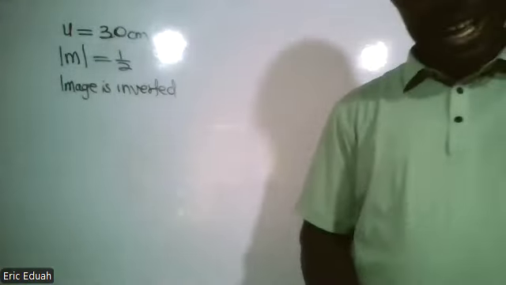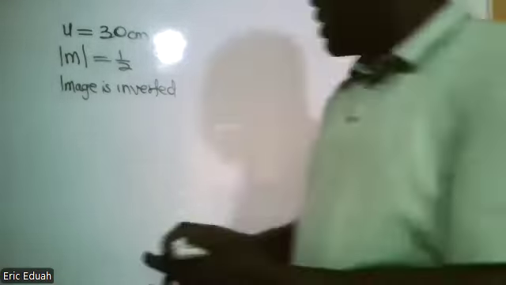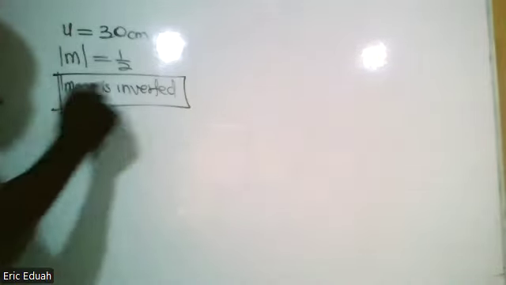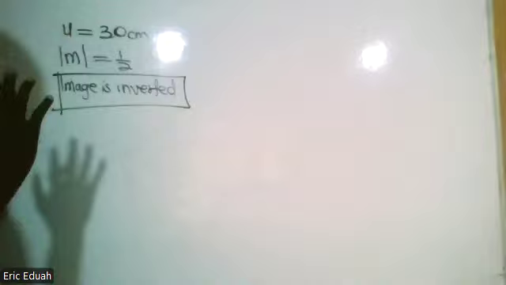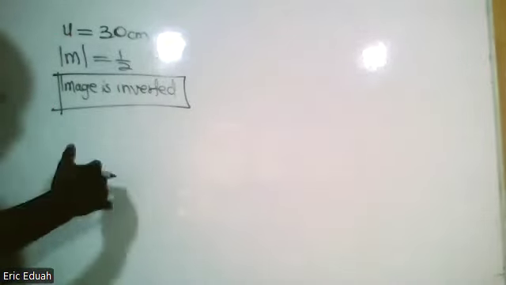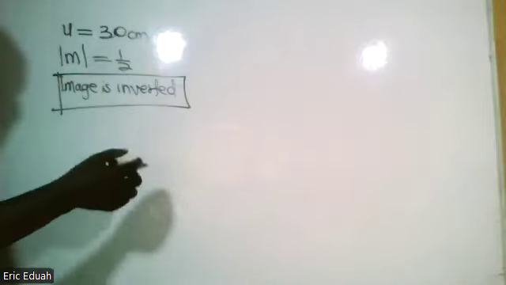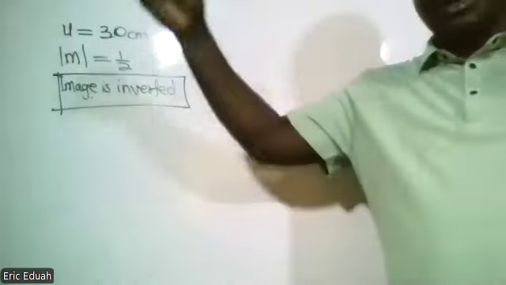Good. So, Gabby and the rest of you, if this wasn't stated, just this is not enough, because both mirrors, whether concave or convex, form diminished images. But the question goes on to say that image is inverted. When image is inverted, it means the image is always real.